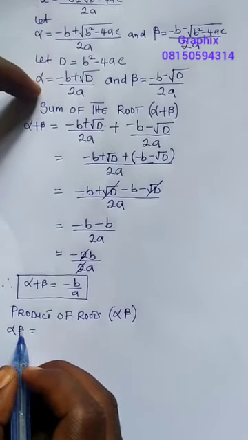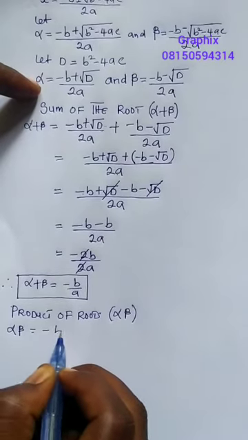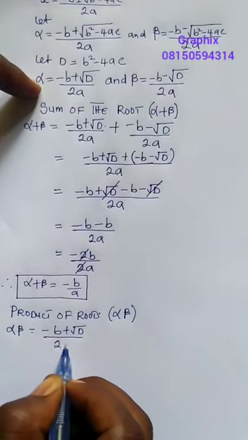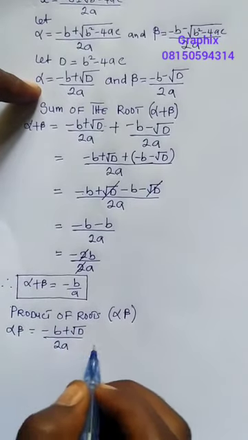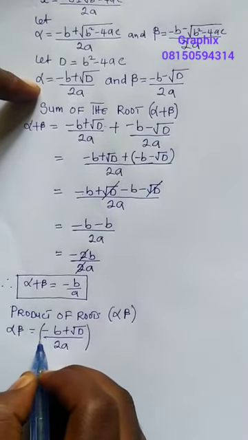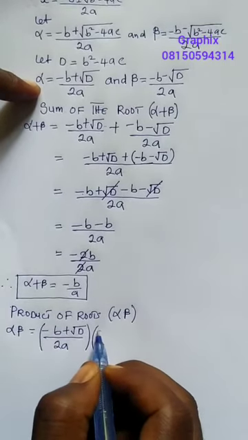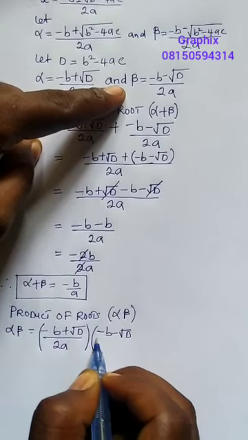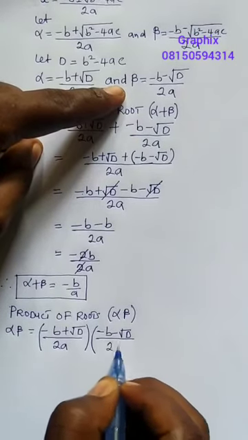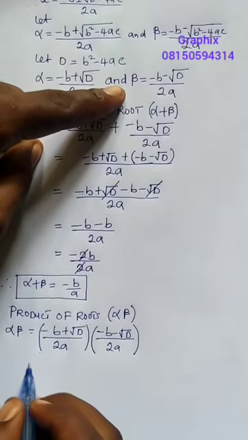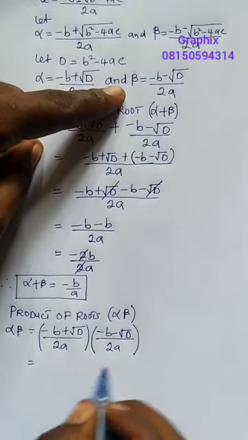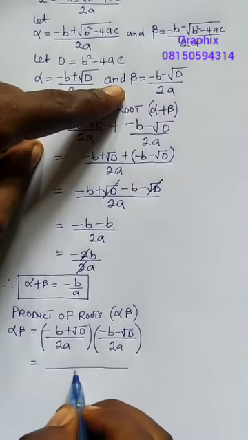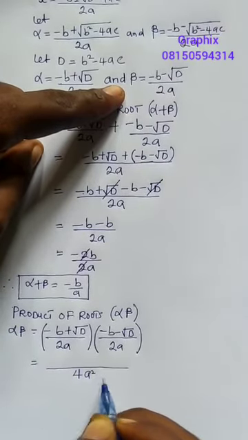Alpha is minus b plus root D over 2a, and it is multiplying beta, which is minus b minus root D all over 2a. So if you multiply both of them, the denominator will be 2a times 2a, which gives me 4a squared.